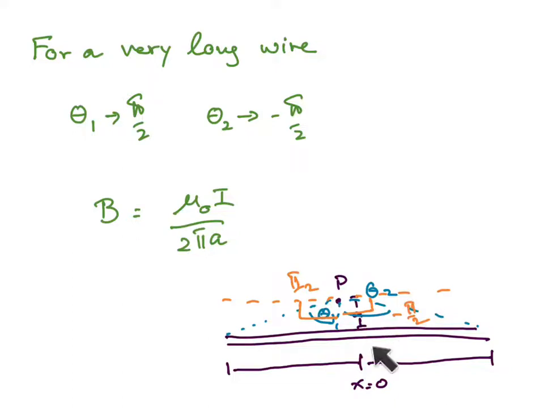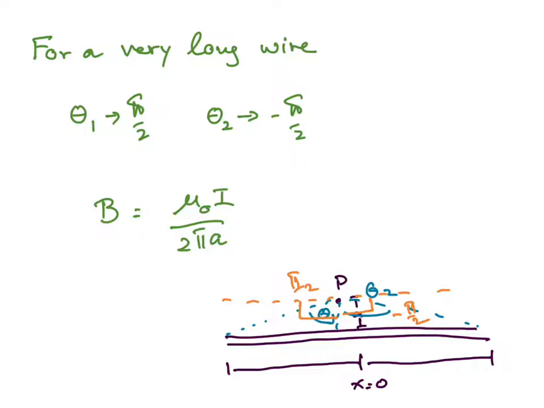When the wire is very long, you can see that the angle theta 1 will approach pi over 2, and the angle theta 2 will approach minus pi over 2. So we can say that for a very long wire, theta 1 will approach pi over 2, theta 2 will approach minus pi over 2.